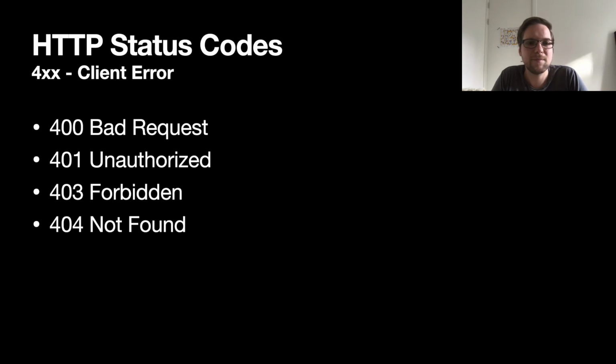Client errors, some popular client errors. Bad request, that means that something went wrong with the HTTP request. It wasn't valid, it wasn't correct. Or maybe 401, unauthorized, and 403, forbidden. Those are two HTTP status codes that relate to permissions and authentication. And of course, 404, the most popular one, not found.